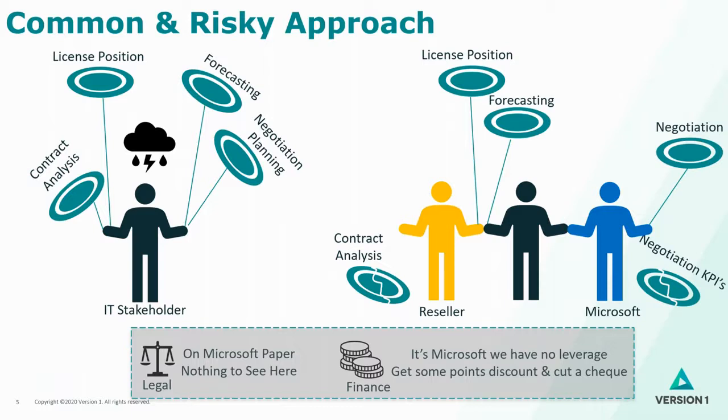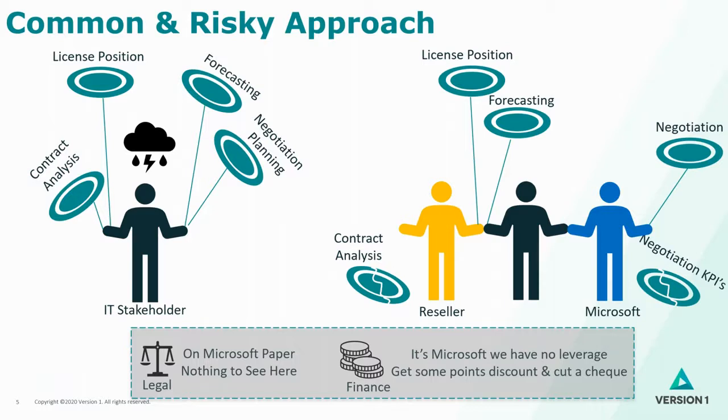But I always would stress that having individuals who have a commercial interest in you renewing the agreement for certain products, or renewing an agreement with a certain mix of products, might not be advantageous, and as a result you may not get a licensing structure that is the best fit for your organization, and you may get blindsided by specific deals or offerings that might not align with what your business requirements actually are.